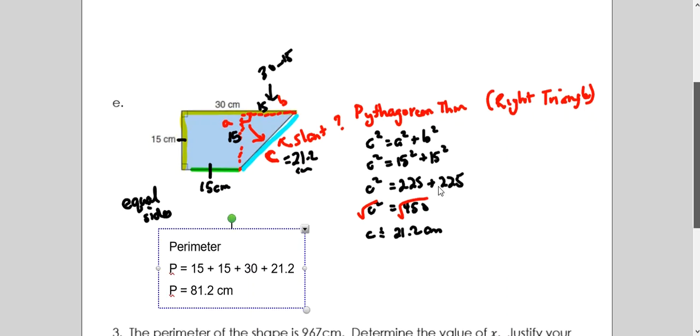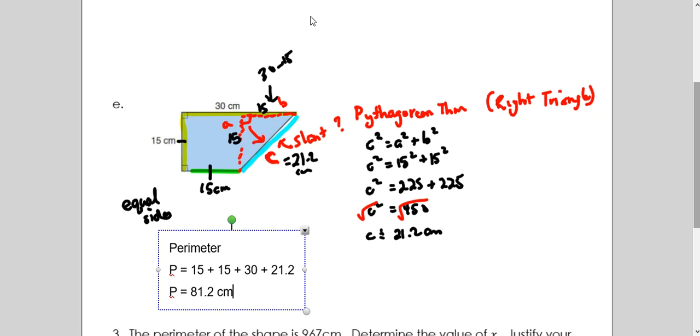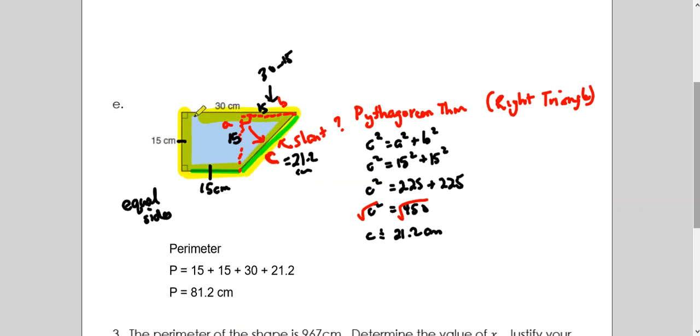So I added up the four sides that I have. Now, when doing this, it's probably going to be important to figure out, okay, what are the sides that I'm using? Well, I want to use this side, this side, this side, and this side.